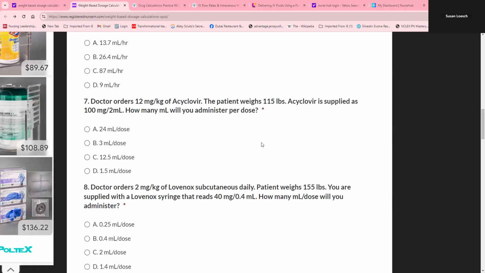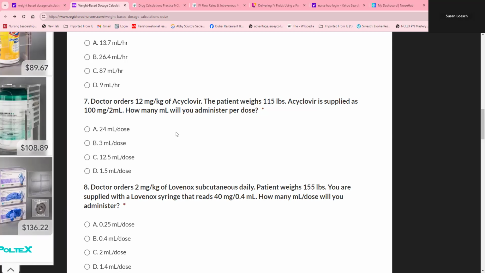That's our dose that we're going to give. What we have on hand is 100 milligrams per 2 mLs, which is our vehicle. So now you're going to take that entire number, 627.27, and divide it by 100, and then times it by 2. Where do you get 100 from, Ms. Loesch? Because this question says how many milliliters will you administer per dose. What do you have on hand?